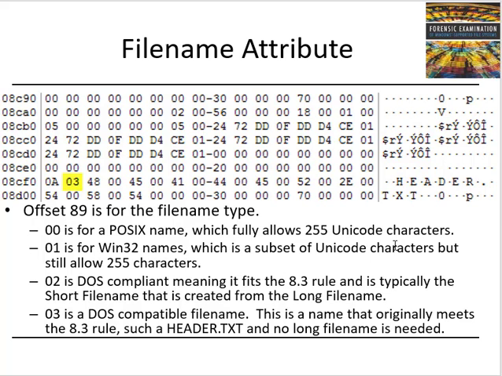So something like HEADER~1 would be a DOS compliant name. In our case, we're a DOS compatible name because we actually wrote it in an 8.3 format, all caps. It's 8 or fewer characters for the name, and 3 characters for the extension. So that is a DOS compatible name, which is a type 3.